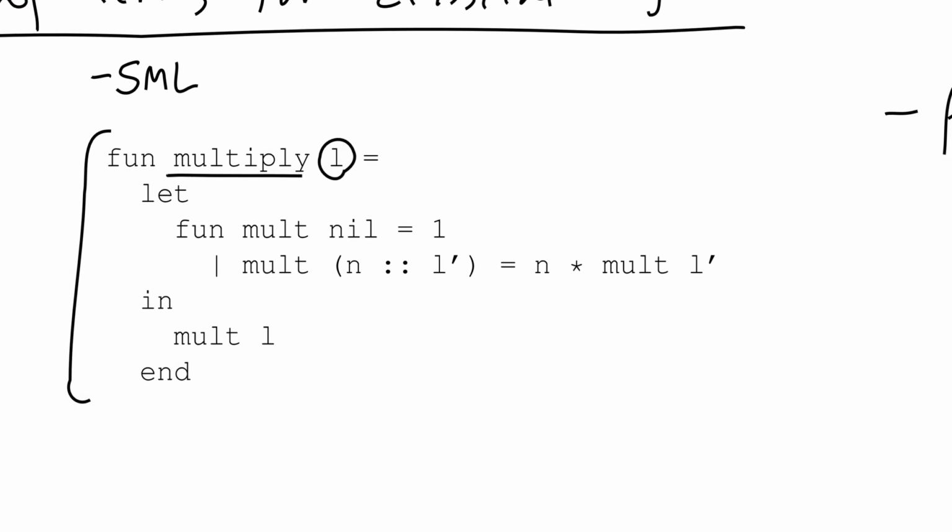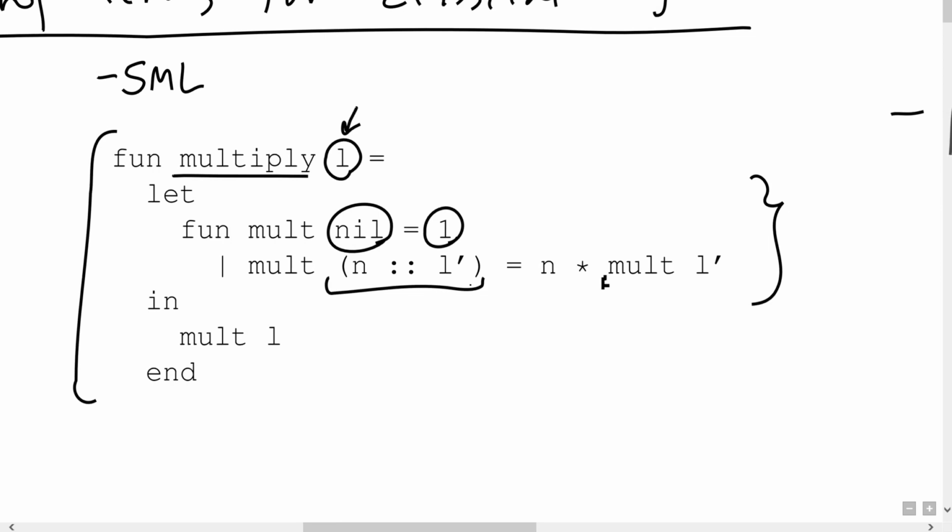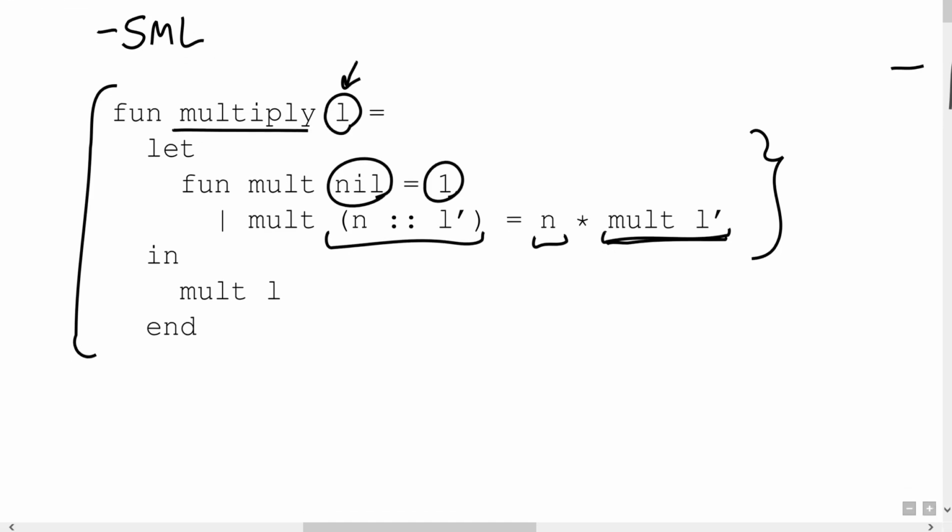Basically, we'd like to multiply all the elements in the given list L and calculate their product. This is a simple, recursive implementation. If the list is nil, we return 1, and otherwise, we make a recursive call and then multiply the result with the first element in the given list. So this is a fine implementation of this recursive function multiply.